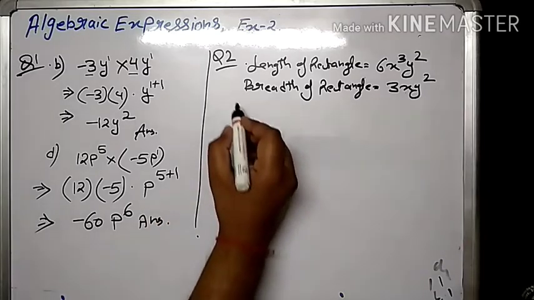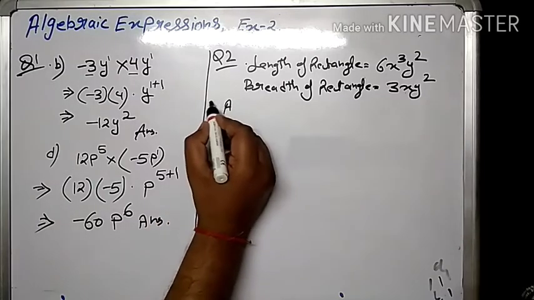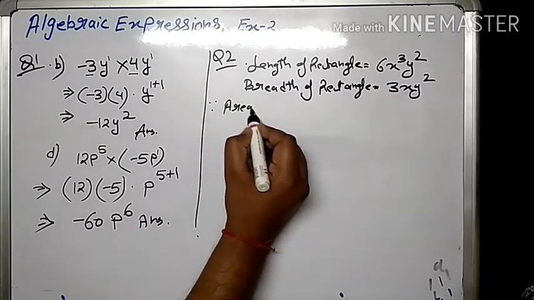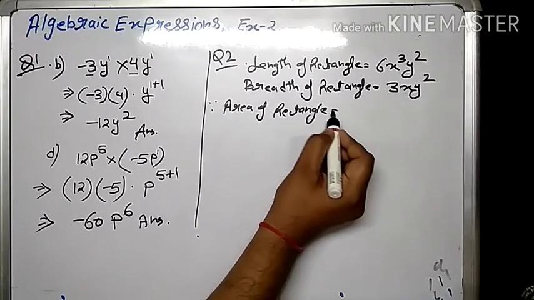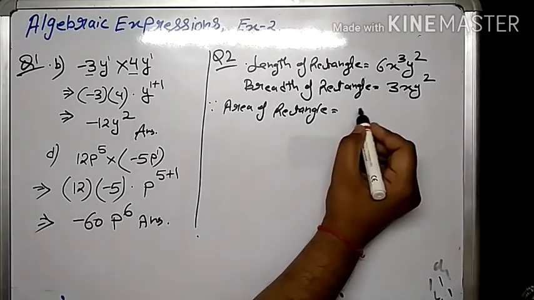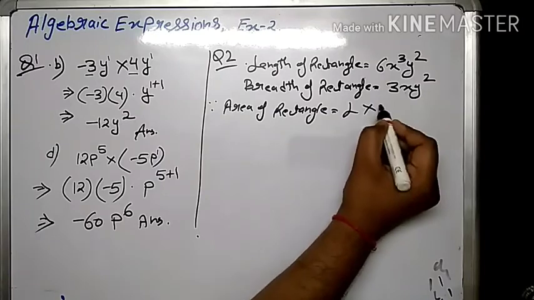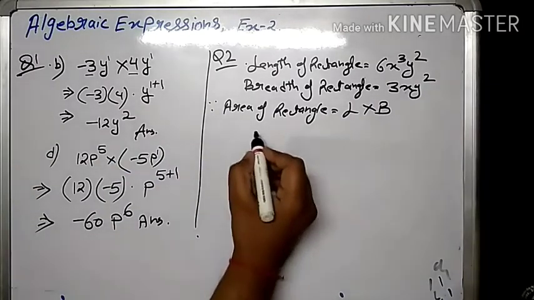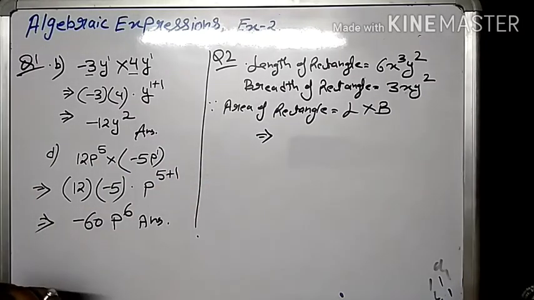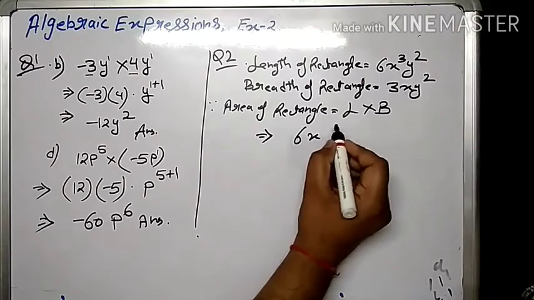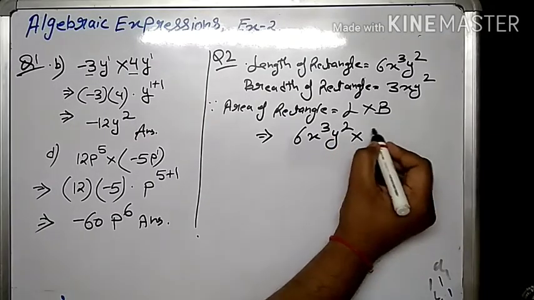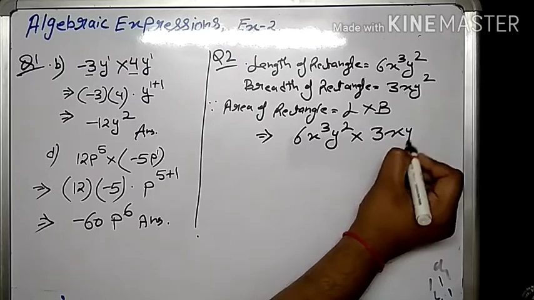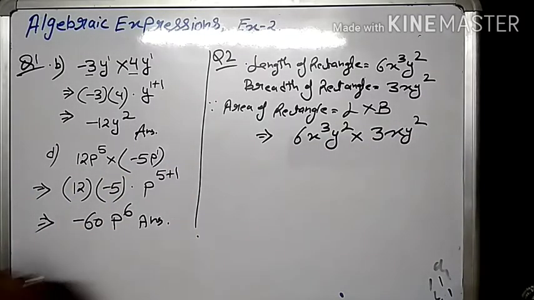So what we will do, already we know that area of rectangle is equal to length into breadth, so we will just put the values which are given to us, that is 6x to the power 3 y to the power 2 multiply 3x y to the power 2.